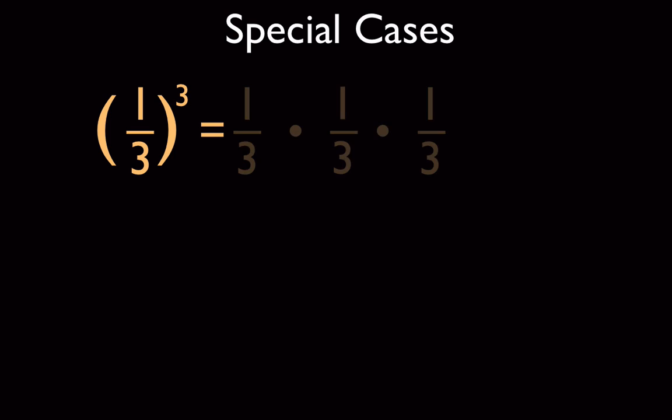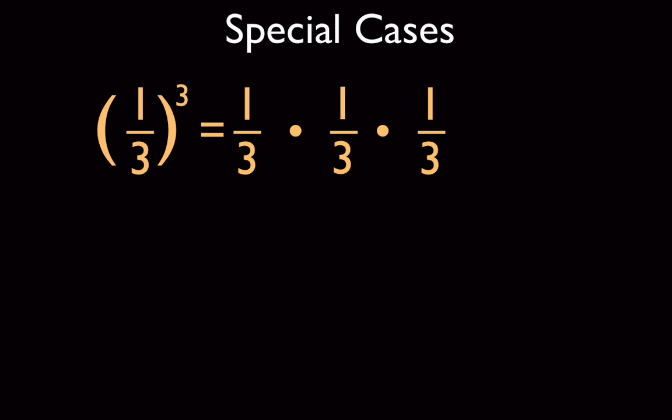Okay, what we're going to look at now is a few special cases. They follow the normal exponent rules, but they're a little bit odd, so it's helpful to go ahead and think about those more often. The first is if you have a fraction raised to an exponent. Always, always, always, when you have a fraction raised to an exponent, write it out. Meaning 1/3 times 1/3 times 1/3. Too many people think it's 3 times 1 and 3 times 3.